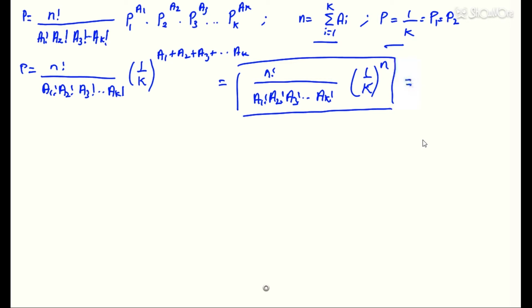This can be written as omega over t, which is the same as p. So the probability is this, which can be written as omega.